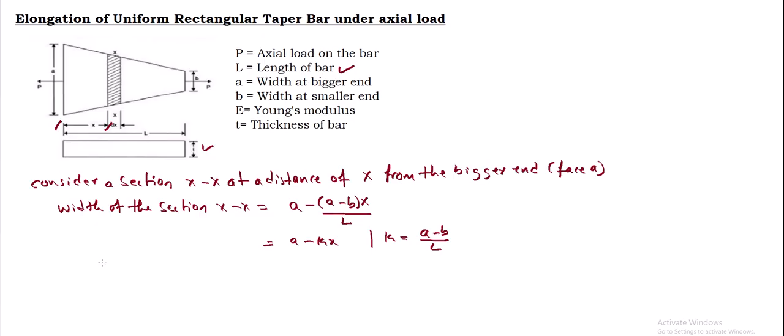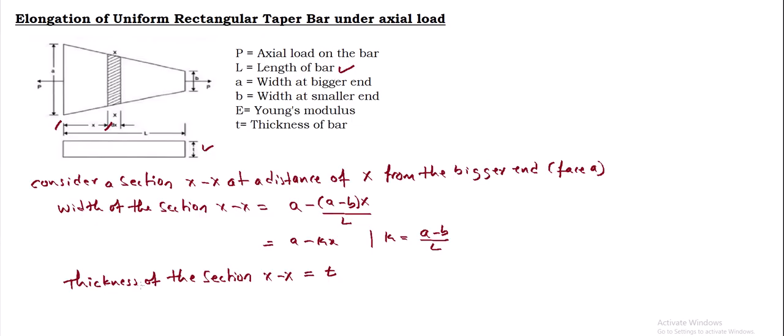So now I will consider the thickness of the section XX. The thickness of the section XX is nothing but T, similar throughout the length. The thickness is similar, the width is different.